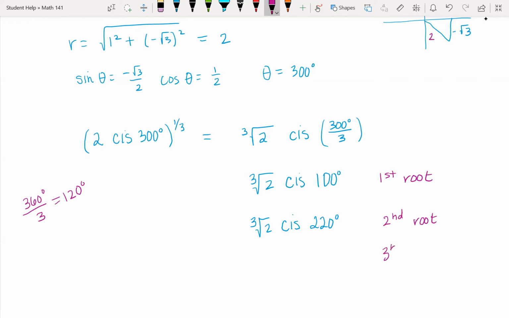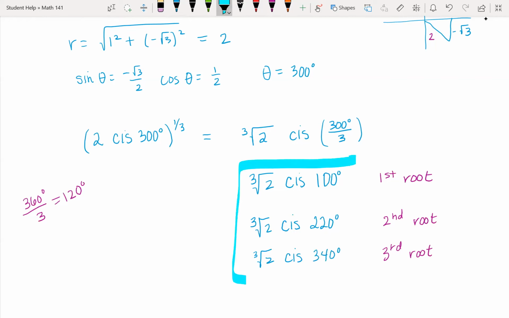And then for my third root, I have cube root of 2, and adding another 120 degrees, I get 330 degrees. So these are my 3 answers.